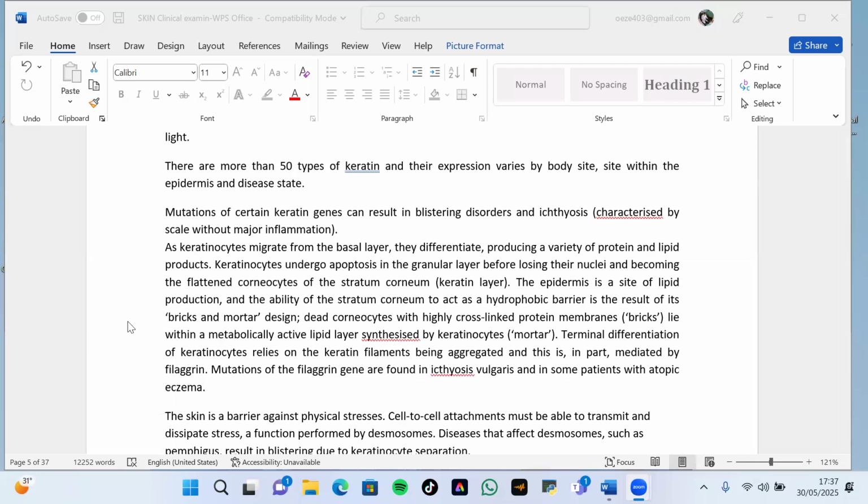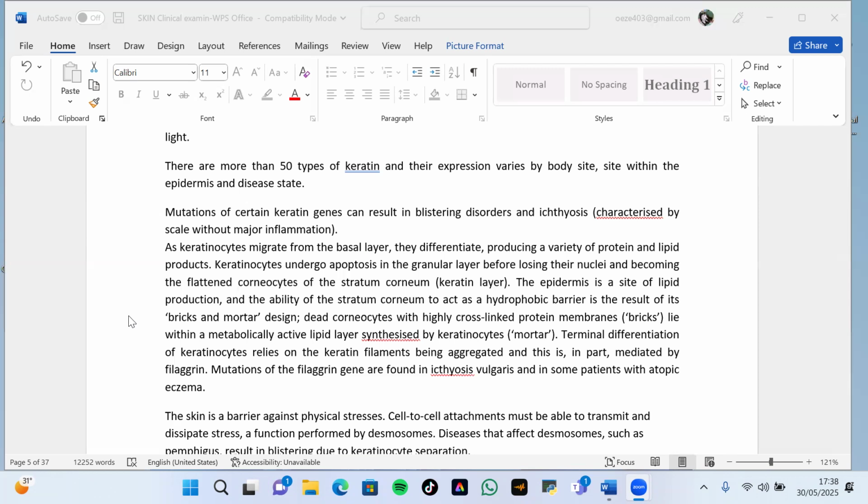The keratinocytes, which are the predominant cells of the epidermis, migrate from the basal layer. They now change and begin to produce varieties of proteins and lipid products. When they become old, they are programmed to die.